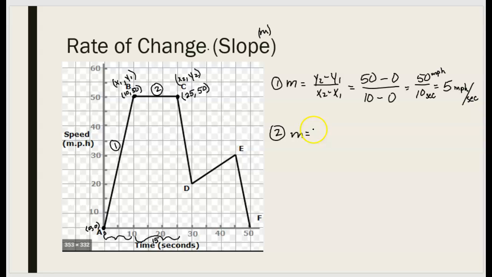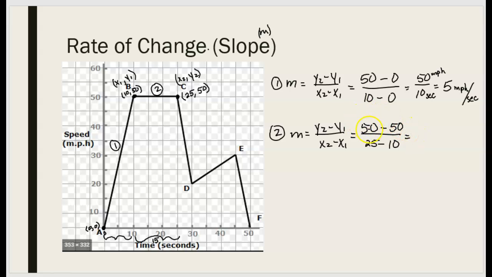So I'm going to show you how to do this with the formula first. y2 minus y1 over x2 minus x1. My y2 is 50 minus my y1, pardon me, my y1 is also 50, over my x2 value is 25 minus my x1 value is 10.